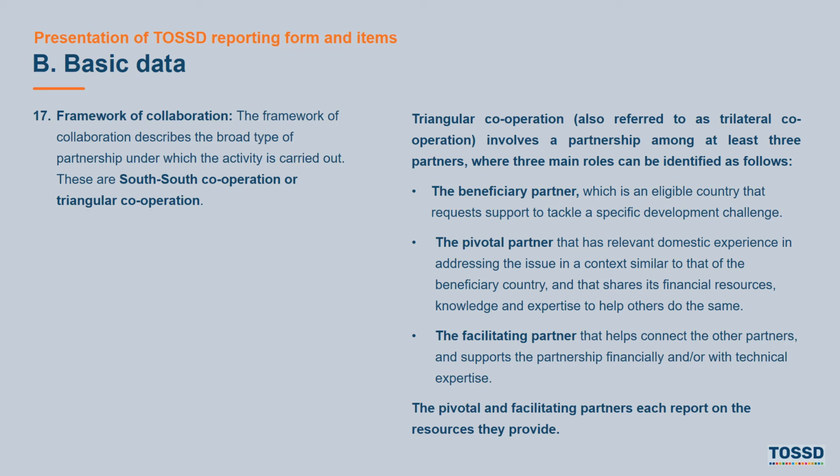Then there is the pivotal partner that has relevant domestic experience in addressing the issue in a context similar to that of the beneficiary country, and that shares its financial resources, knowledge, and expertise to help others do the same. Then we have the facilitating partner that helps connect the other partners and supports the partnerships financially and/or with technical expertise. The pivotal and facilitating partners each report on the resources they provide.